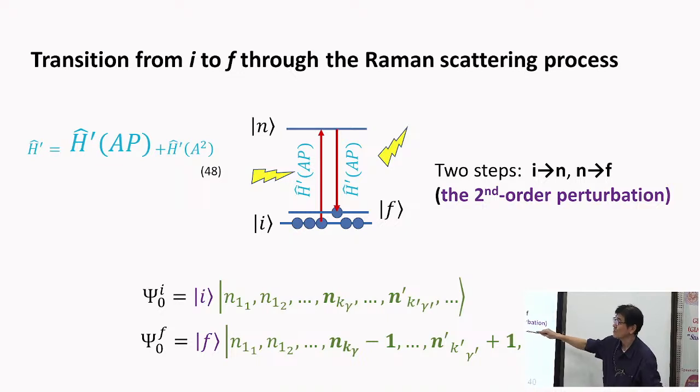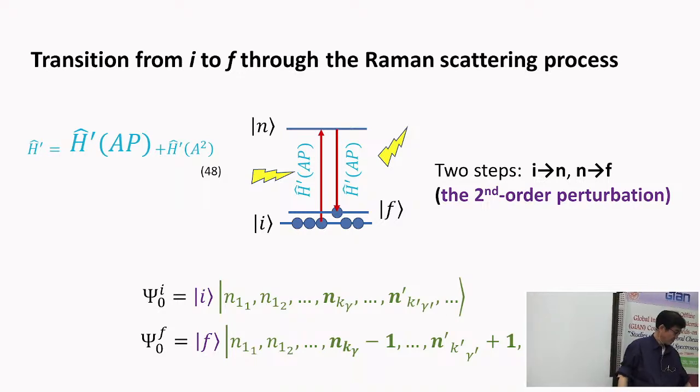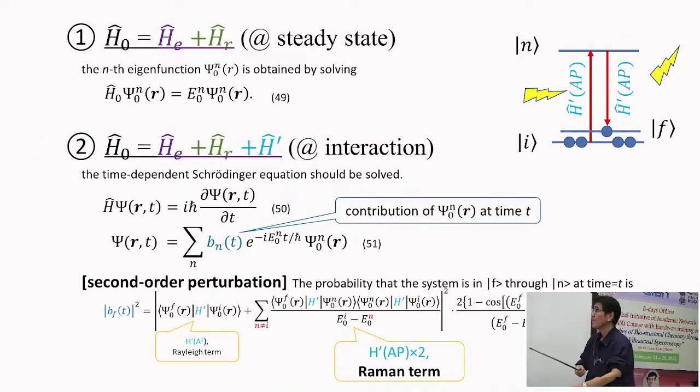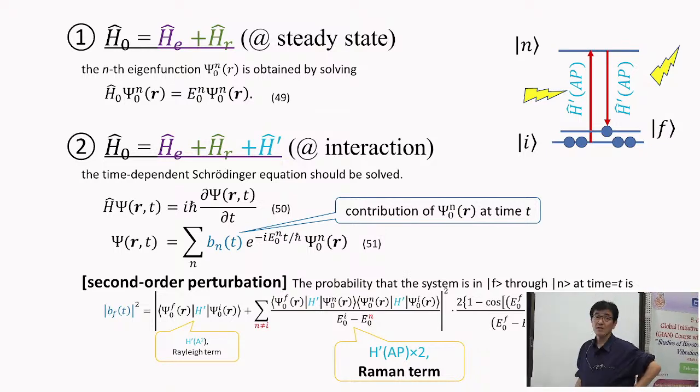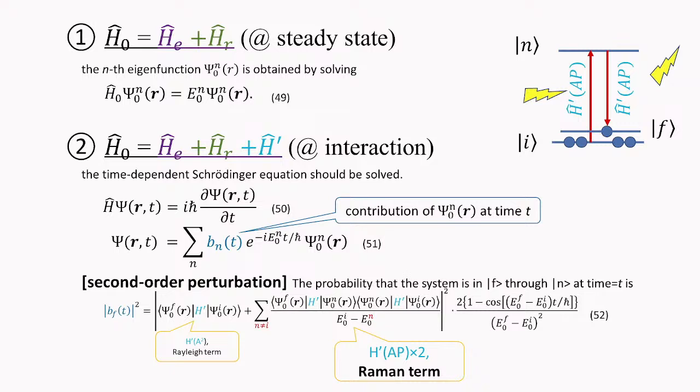The wave function includes the molecular wave function F for the final state and the number of photons: something decreases by 1, something increases by 1. This means some photon disappears and a new photon appears. So the Raman process is expressed in this way.